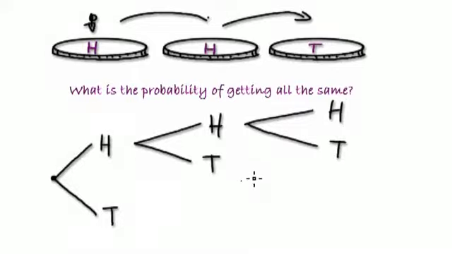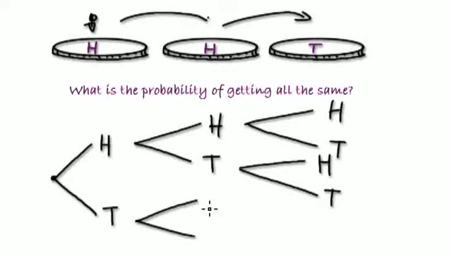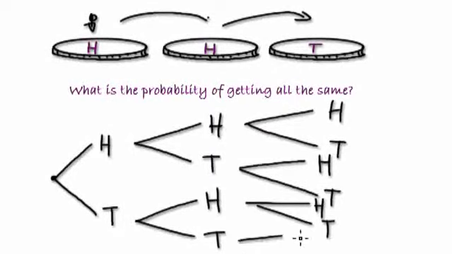Okay, and if you continue with this, you're going to get heads here, tail here, and then here it branches out like this as well. So again, head, tails, and then here, heads, tails.